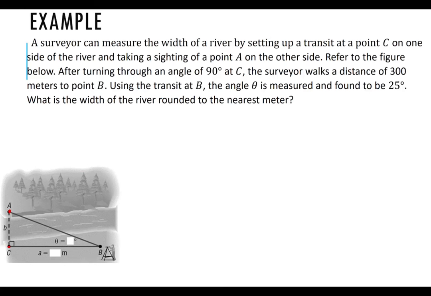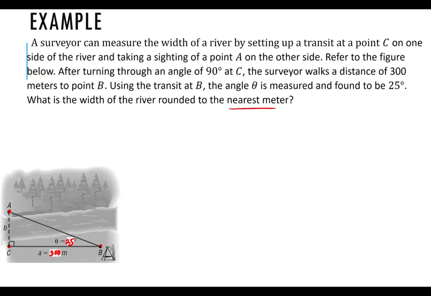The surveyor then walks a distance of 300 meters to a point B. So I'm just going to label things that I get. Using the transit at point B, the angle theta is measured between point C and A to be 25 degrees. What is the width of the river rounded to the nearest meter?